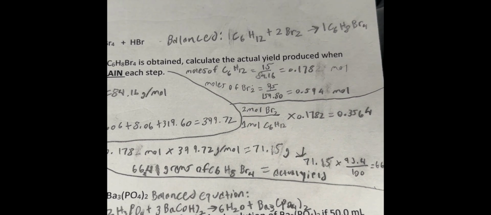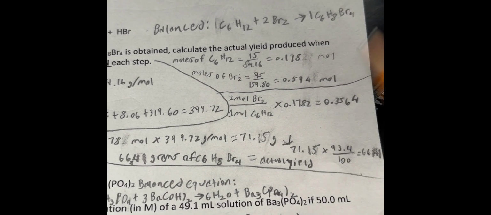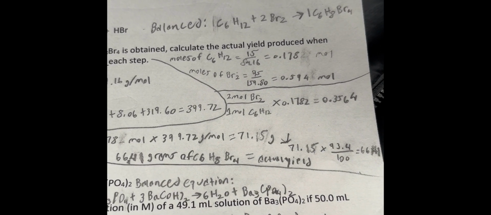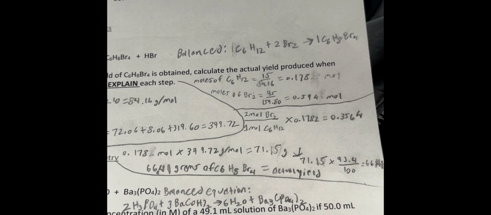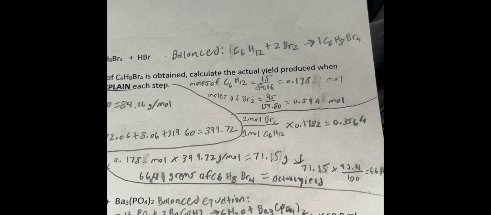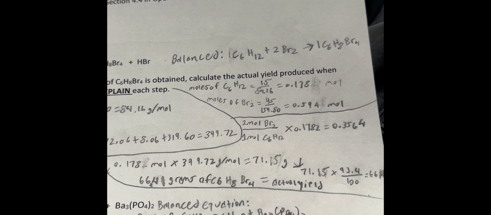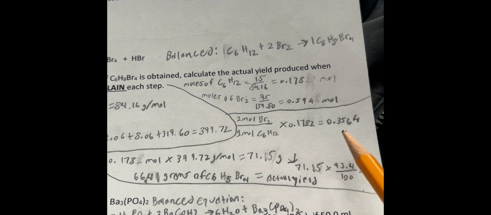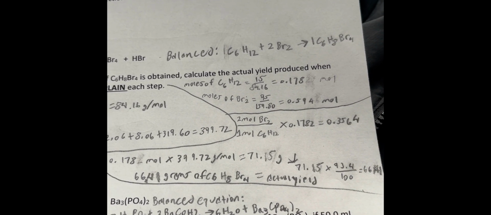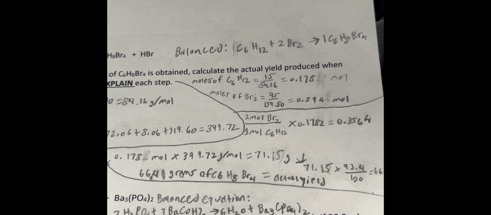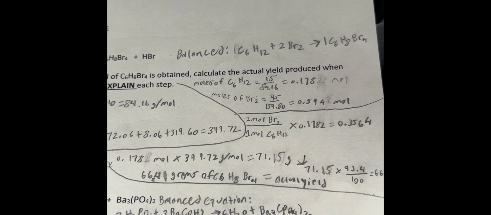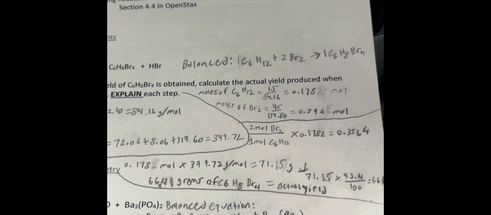And in order to do that, we will do 0.178 mole of C6H12 times 2 mole Br2 over 1 mole C6H12, which comes out to be 0.3564 mole Br2. So available Br2 is 0.594 mole, which is more than 0.3564 moles. So C6H12 is the limiting reactant.